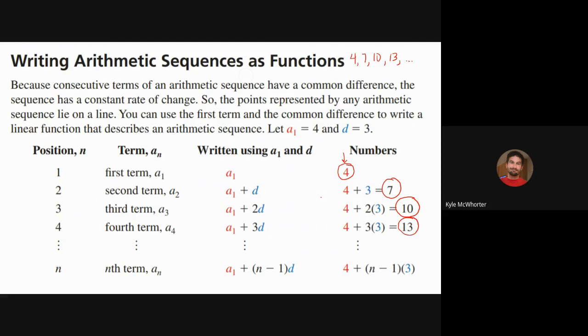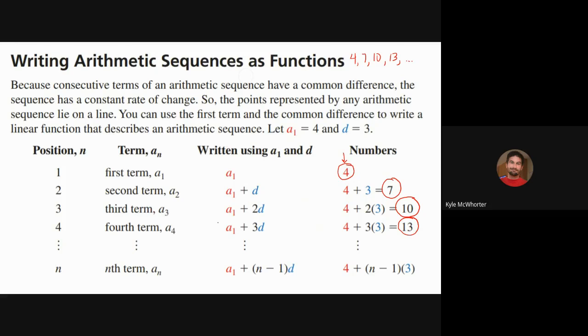So let's take a look at it. In the first position, we have the first term, right? Just a sub 1, which is 4. For the second term, a sub 2, we have the first term plus one of the common differences, right? So in this case, it would be the first term 4 plus one common difference, which is 3. 4 plus 3 is 7.